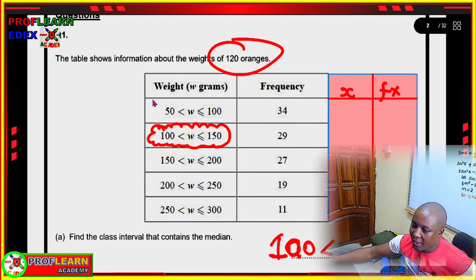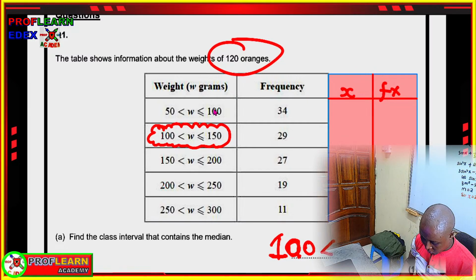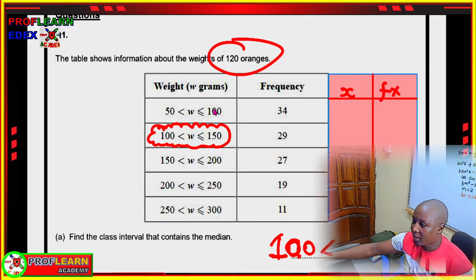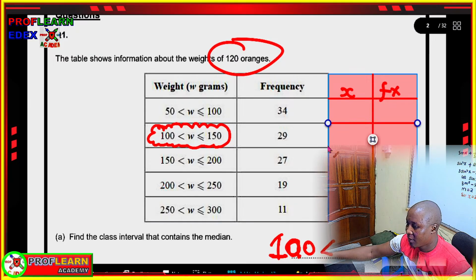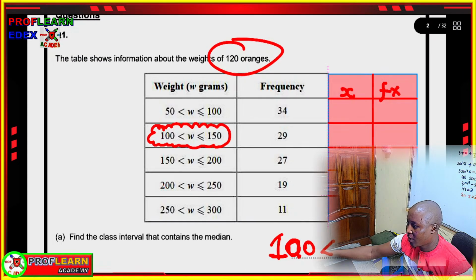And for us to find x, we're going to add 50 plus 100 divided by 2. That's going to give us 75. So let me just first subdivide here. We shall have this, then we shall have this one as well.